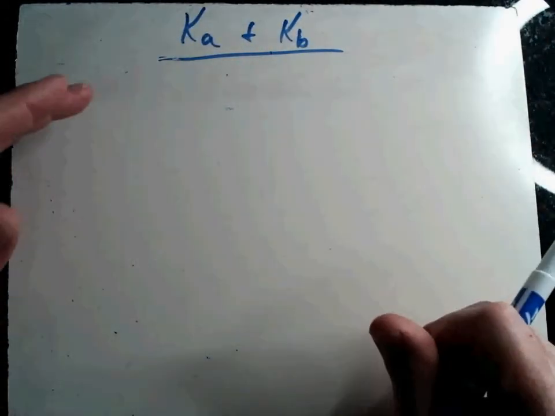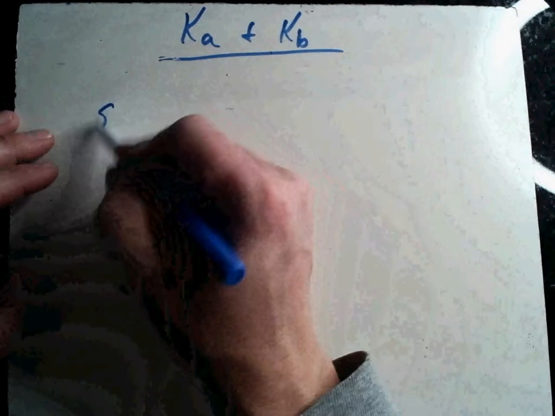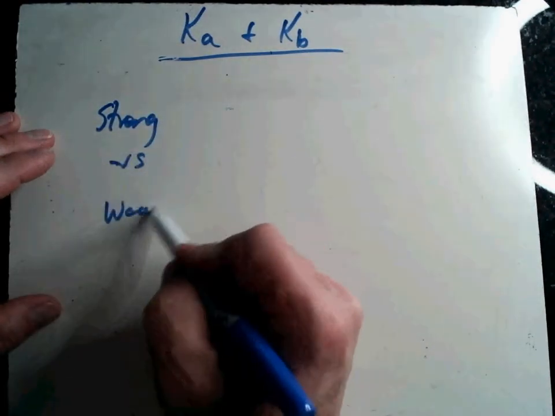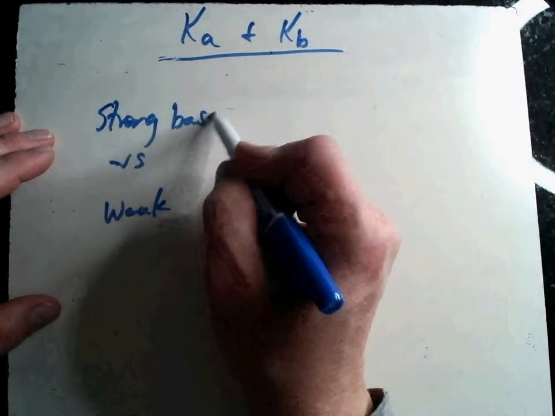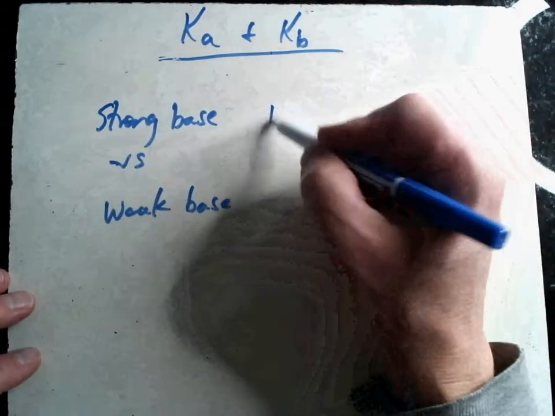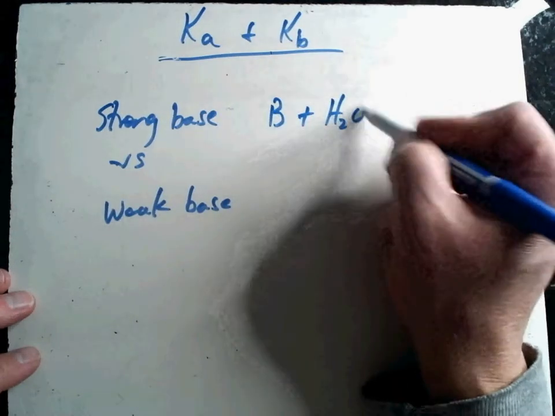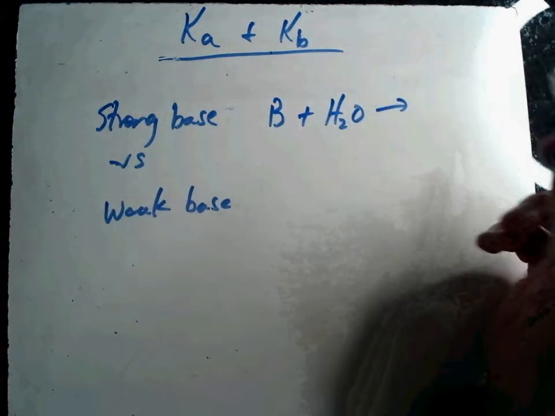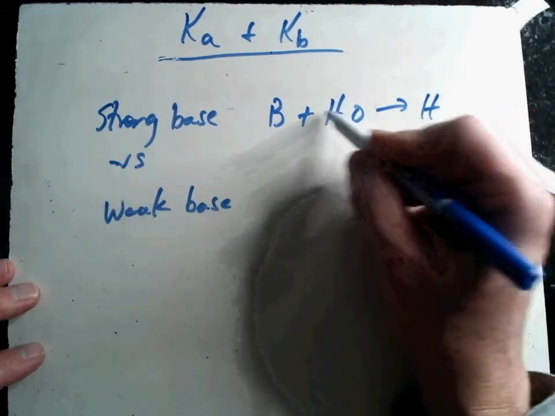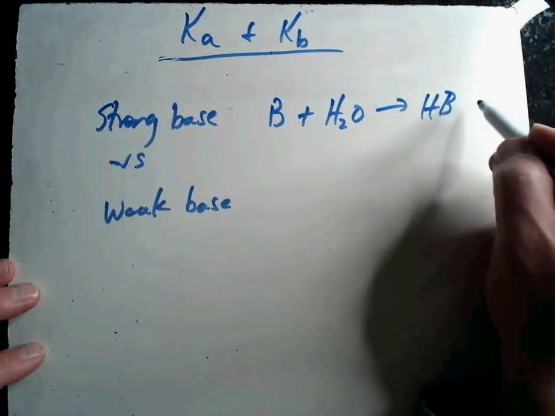So the same thing works for bases. Okay, you have strong bases versus a weak base. So I'll just show this to you real quick. Basically, a base is going to add the water. And remember from Bronsted-Lowry, it's going to be a proton acceptor. So the H is going to come off of here, one of them, and it's going to attach to here. And you're going to have an OH that's left.